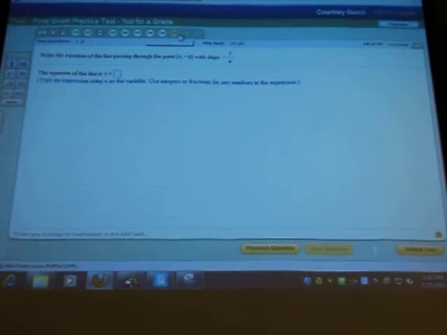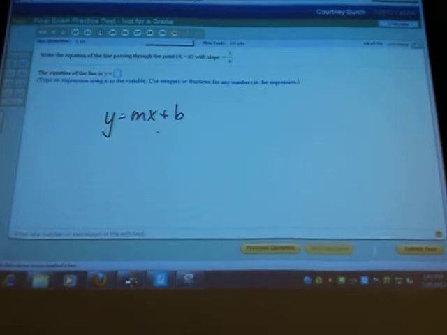Okay, write the equation of the line passing through, well, this is kind of out of place, isn't it? This one you would do y equals mx plus b. Your m is negative 3/4. And then you would plug that point in for your x and your y to find your b.